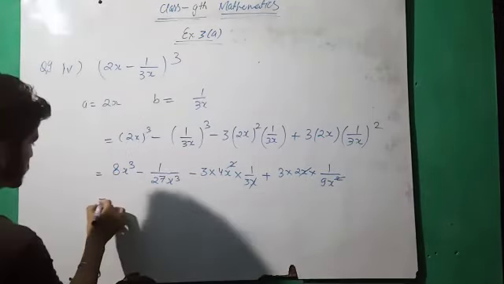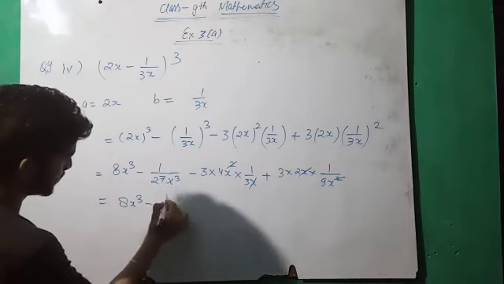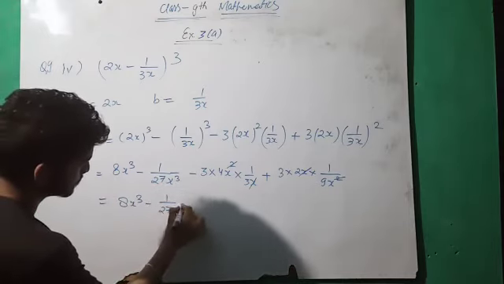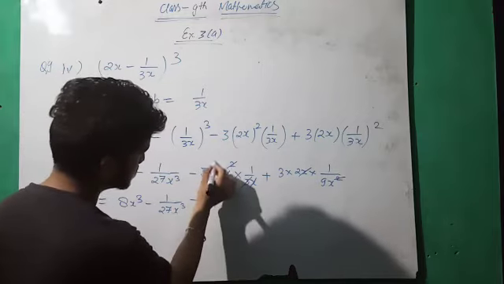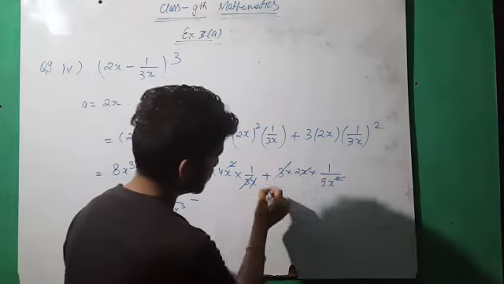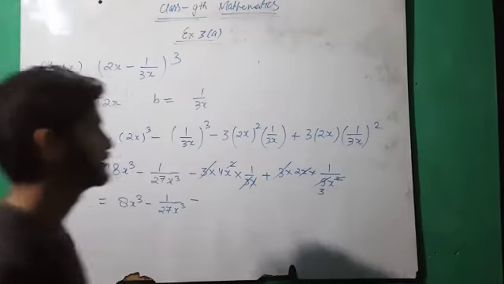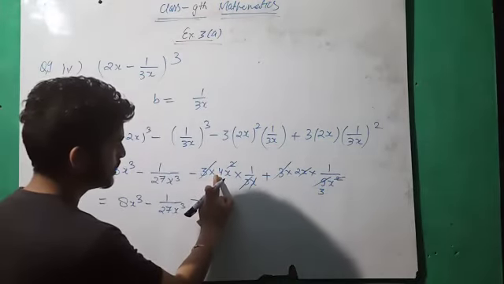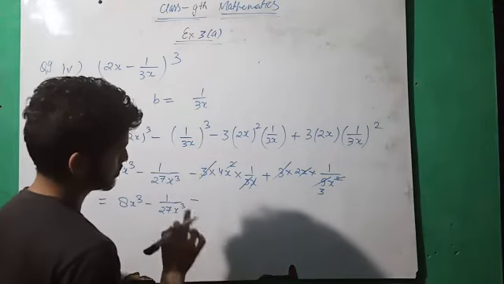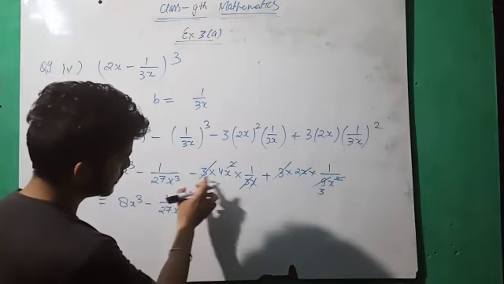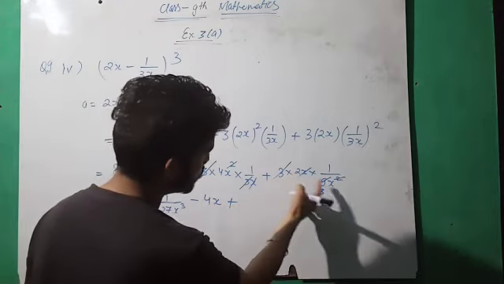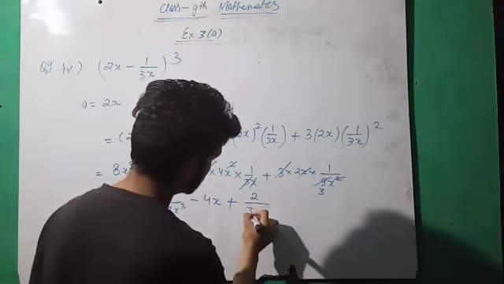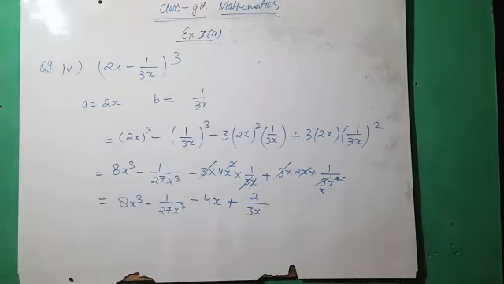So the answer is 8x cube minus 1 by 27x cube minus 3 into 4, this 3 is cancelled with this 3, so we have minus 4x only, plus 2 upon 3x. So this is the answer. Fifth part is your homework in your fair copy.